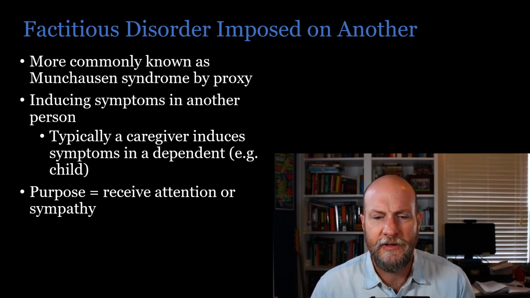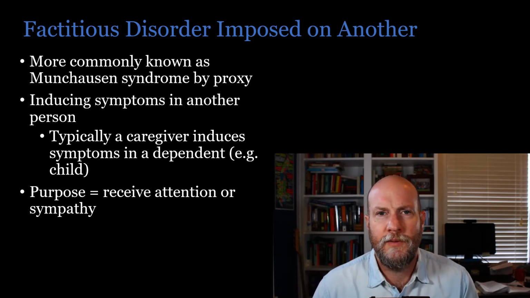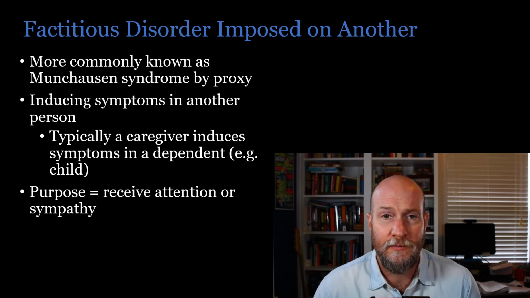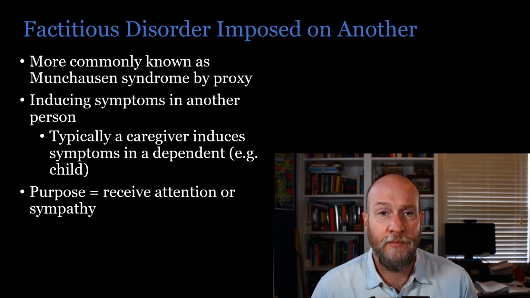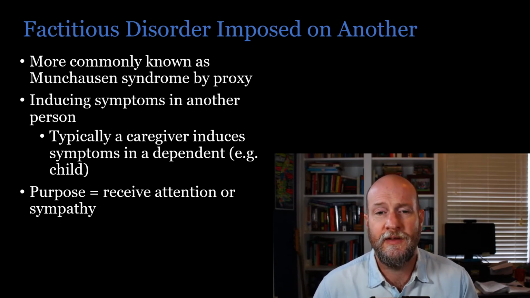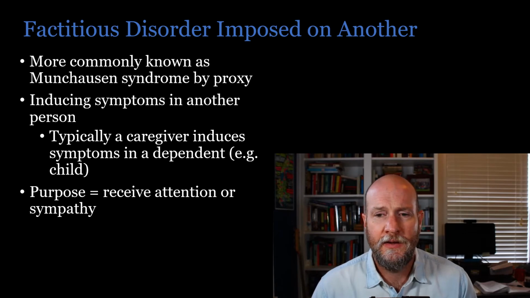And it's extremely upsetting when you see it because it is essentially abuse, usually abuse of someone who has diminished capacity to defend themselves, either by virtue of being a child, being elderly, and perhaps demented, or having a developmental disorder or mental retardation or something like this. And it can be extreme. You see examples of people who are poisoning their own children to bring them to the hospital and have a lot of attention focused on them.